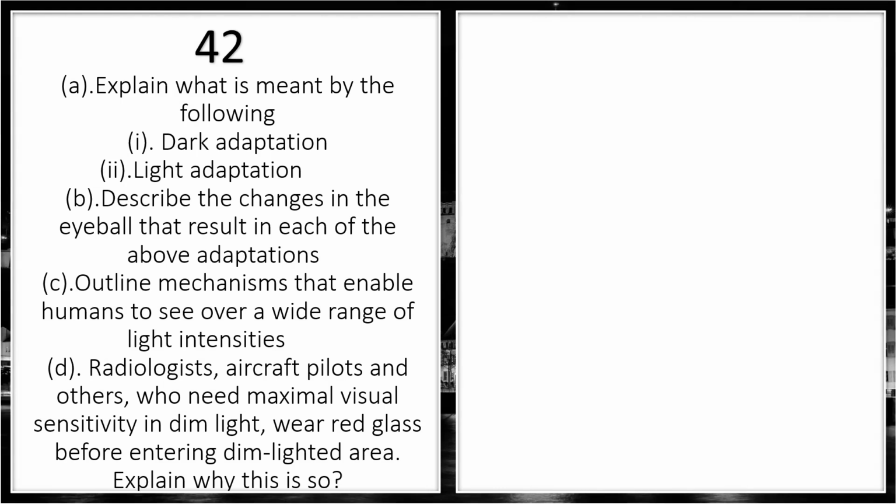Number 42. Explain what is meant by the following: dark adaptation, light adaptation. Part B. Describe the changes in the eyeball that result in each of the following adaptations.